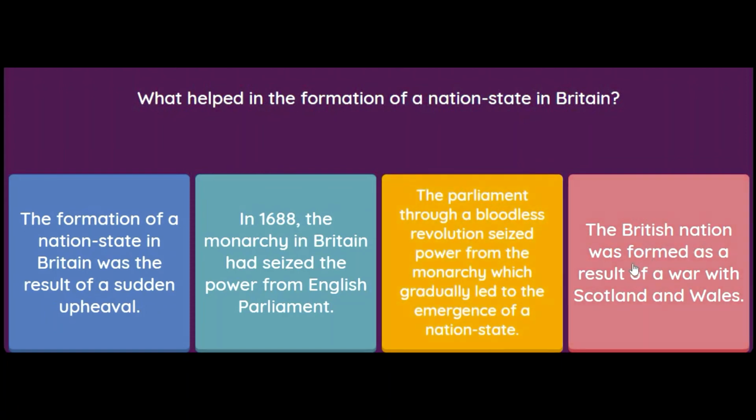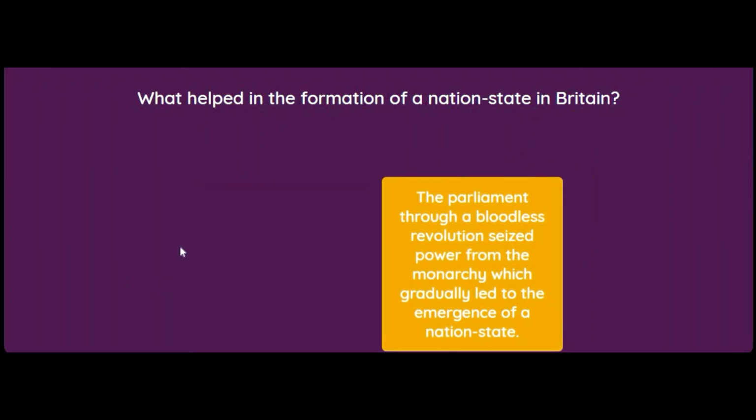Or the British nation was formed as a result of a war with Scotland and Wales. So students, we know the Parliament through a bloodless revolution seized power from the monarchy, which gradually led to the emergence of a nation state in Britain. That's the correct answer.